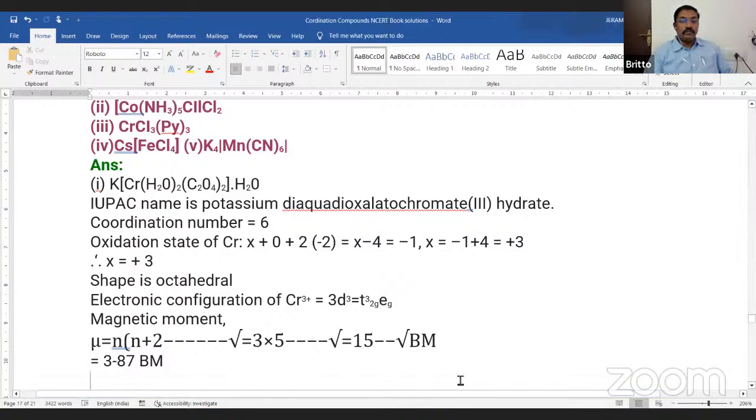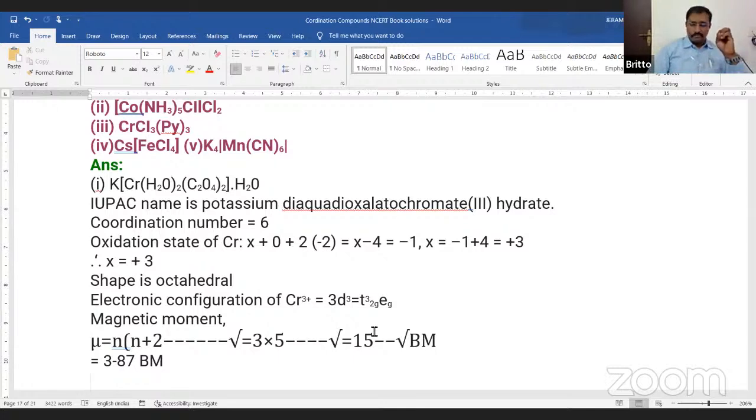What you have to do: Cr3+, chromium 3 plus. Remember scandium, titanium, vanadium, chromium, manganese. I told you the d configuration. If you remember that, for 3 plus, scandium 0, titanium 1, vanadium 2, chromium 3, d3.